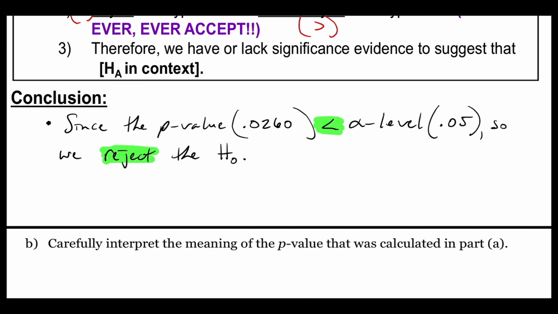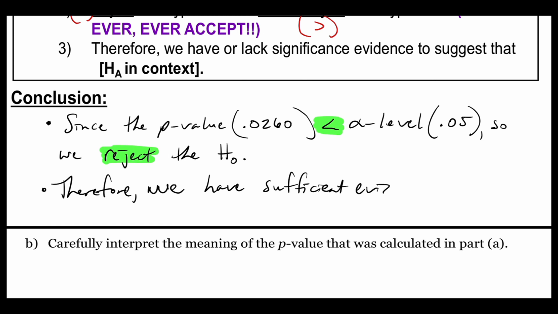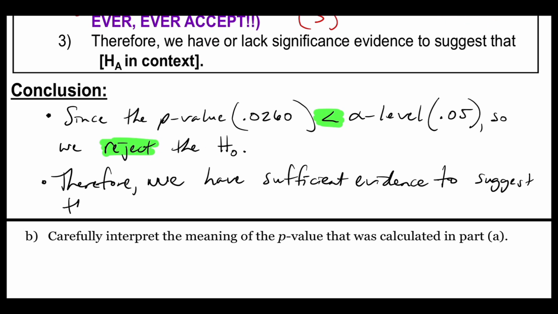The last part is we just say, therefore, we just kind of sum it up. Therefore, we have sufficient evidence or significant evidence to suggest that, and then we have to put the alternative in words.